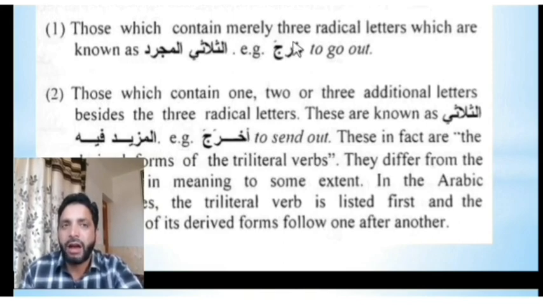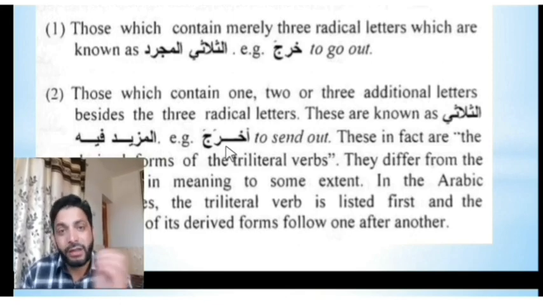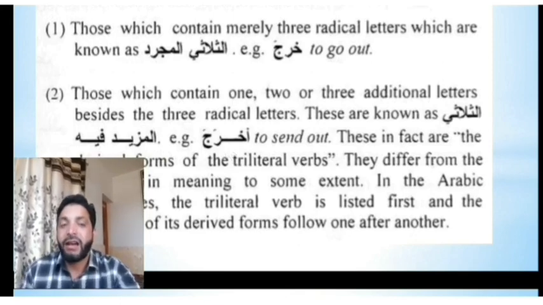It became akhraja. So akhraja is also a past verb, but akhraja is mazid fi. Why? Because we have added an additional alif before this verb, an extra letter, so it became mazid fi.